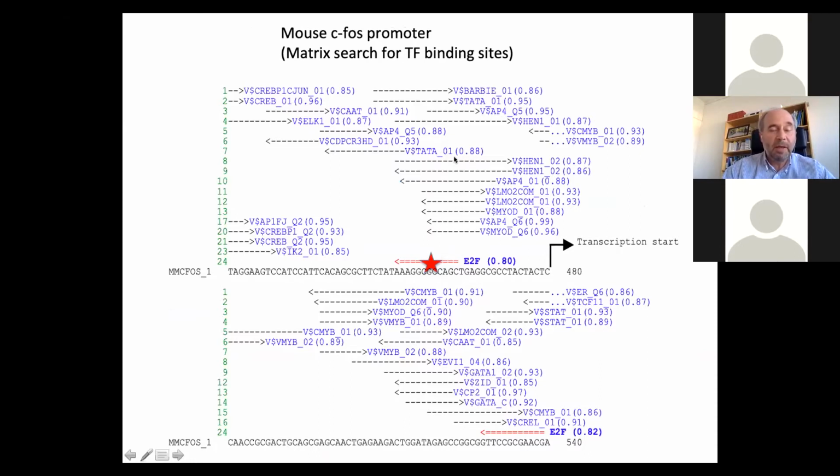We can predict many different sites in the same place, and we also know experimentally that in different conditions in the cells, this place in the genome can be targeted by different transcription factors. So if we observe a mutation in that place, it can influence not just one site, but the binding of several different sites.